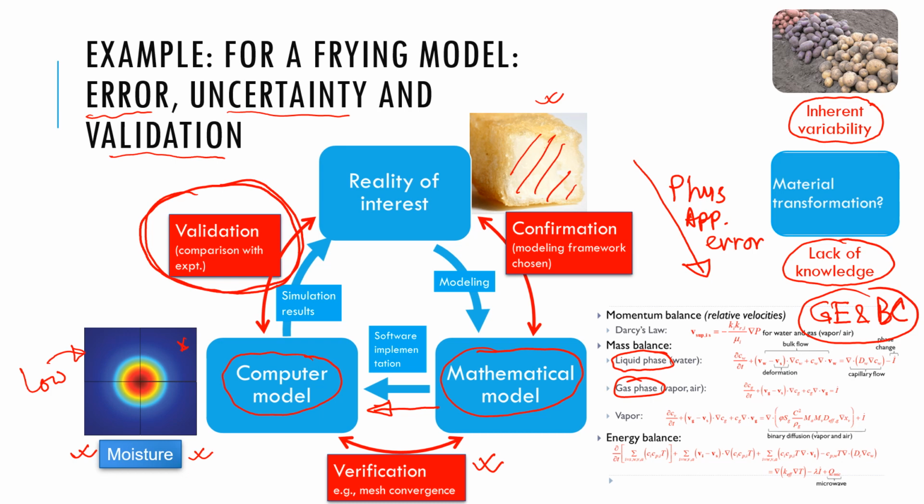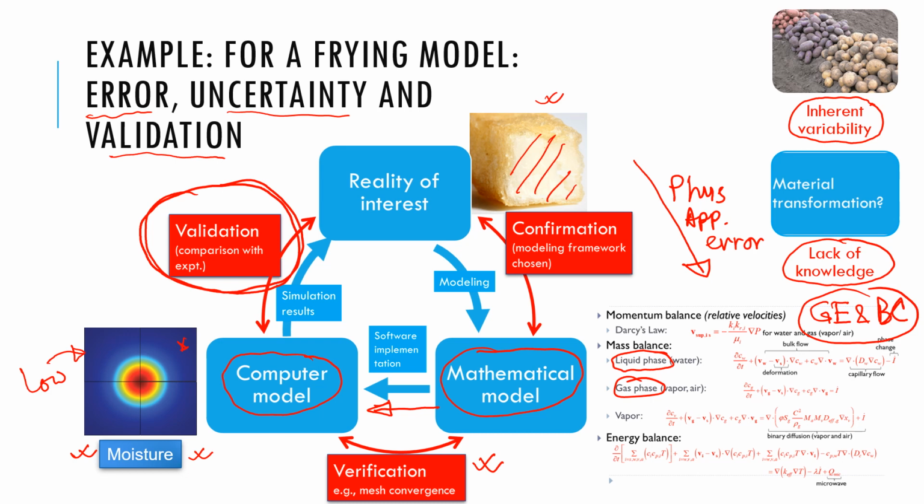Such uncertainty can get addressed in the validation stage, where the properties input to the model can be for one type of potato and the experiments are for another type, so things don't match. So then we try to get either the properties for the different type of potato, or run the model, do a sensitivity analysis for a range of potato properties between these two varieties.